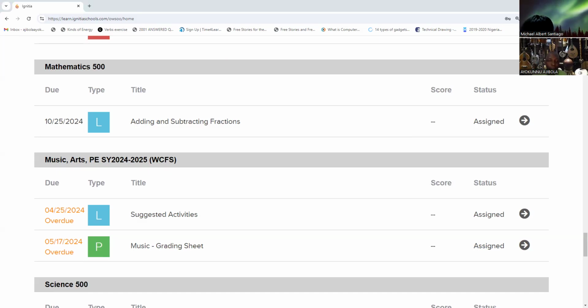Say that. 1 foot is 12 inches. Again? 1 foot is 12 inches.